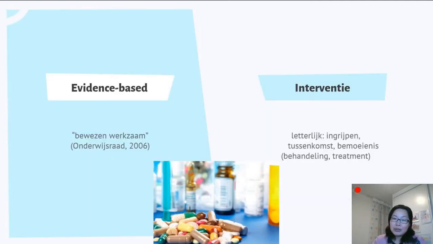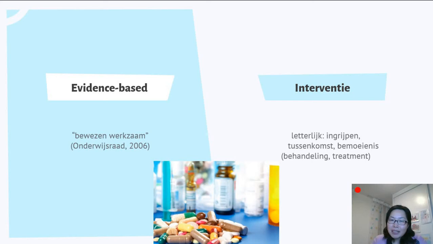Now I'm going to take a quick review of what we have learned in the last lecture. First, we discussed what is evidence-based. So what do we refer to as evidence? And what is an intervention, or let's say the treatment?